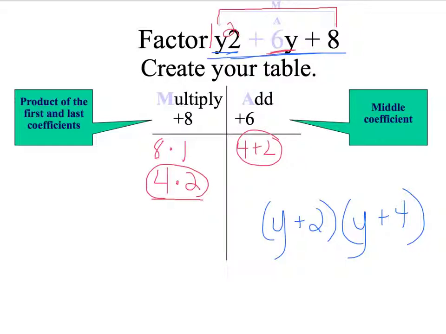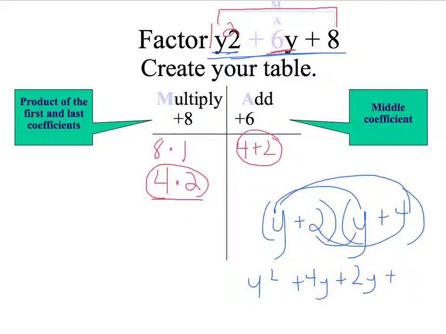To check our work, we can go back and multiply through. If we actually do the FOIL, we get y times y, which is y squared, plus 4y, plus 2y, and plus 8.